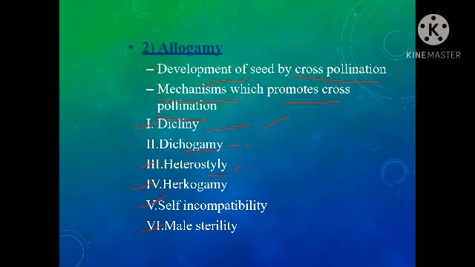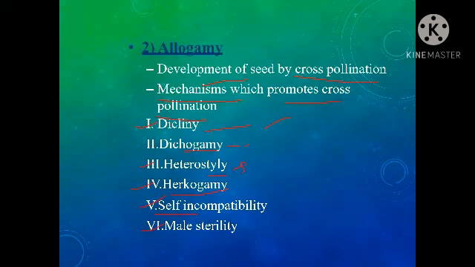And coming to hercogamy, it shows mechanical or structural barriers. In some flowers, the pollen of the flower cannot reach the stigma of the same flower. Coming to self-incompatibility, it refers to the failure of pollen from a flower to fertilize the same flower or another flower on the same plant.